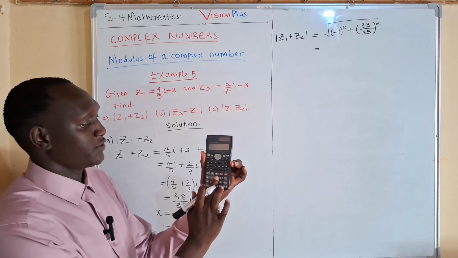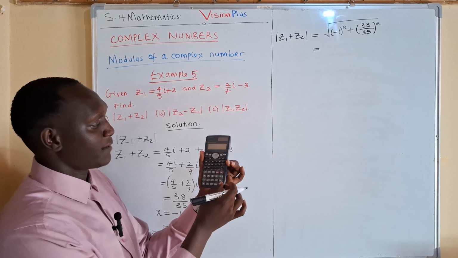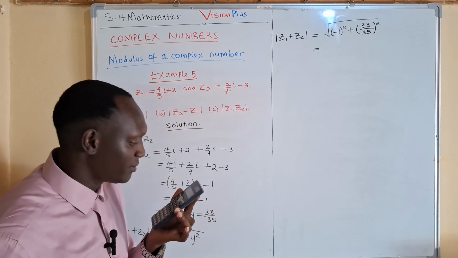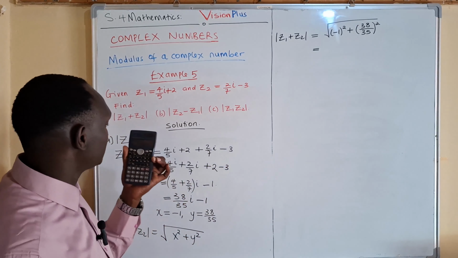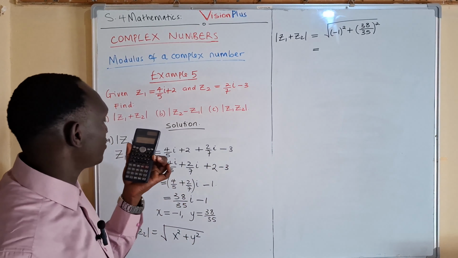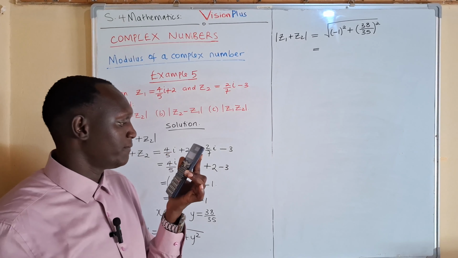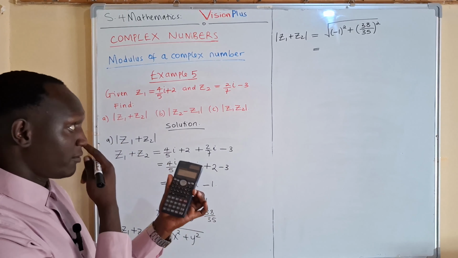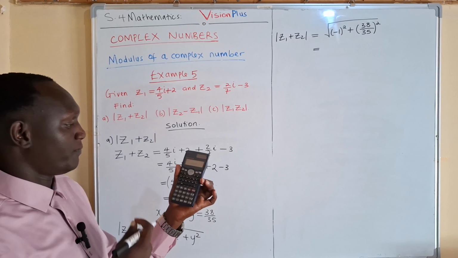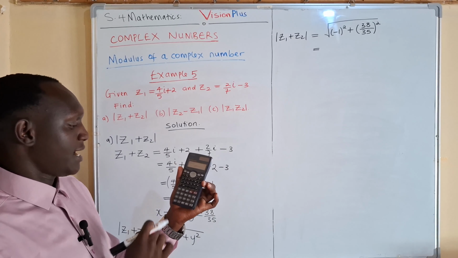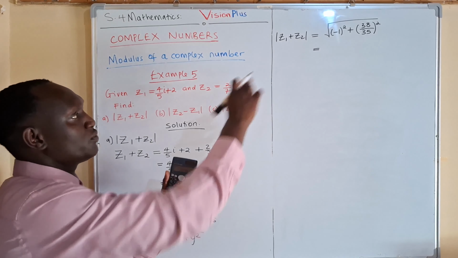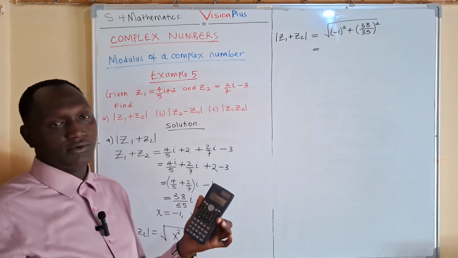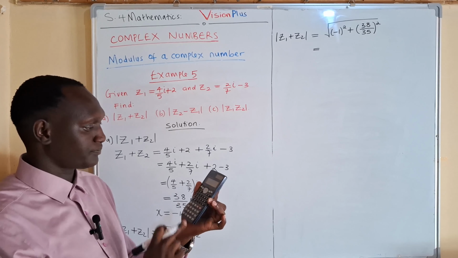But you are squaring it, so you just press square and press equal. It is 1.178. In your calculator, you should be able to have the same decimal. And then you add it to negative 1 squared, that is positive 1. So you simply add 1 here.